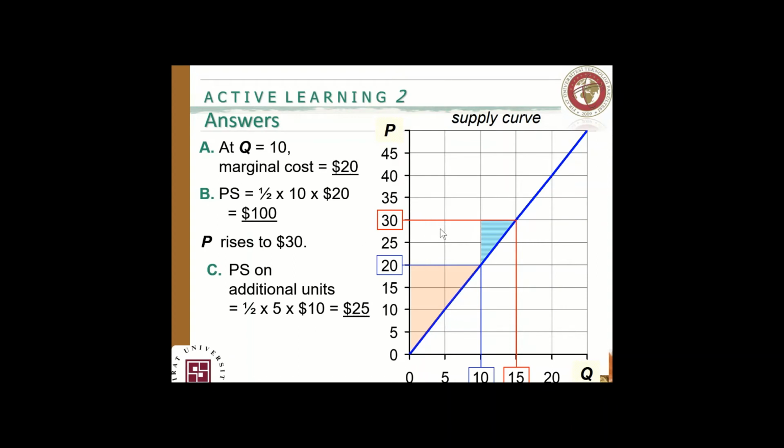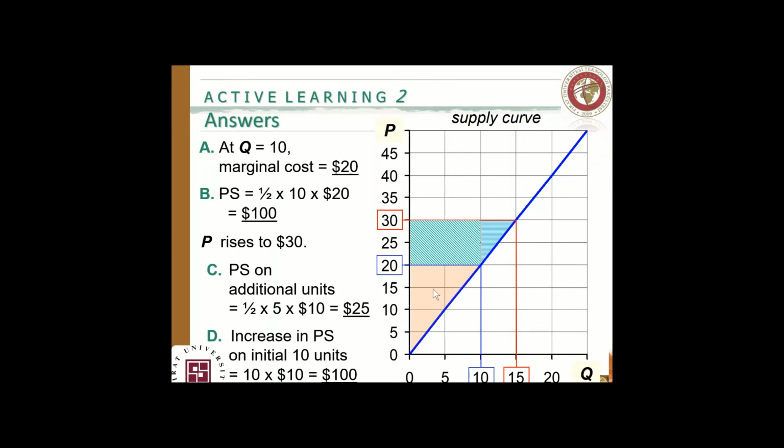Okay, and then we have the other one, the increase in the producer surplus on the initial 10. We have initial 10 units. So we have the square. Okay, so it's 10 times 10. That's the extra producer surplus due to the higher price on selling the first 10 items. 100 we can say in this case.